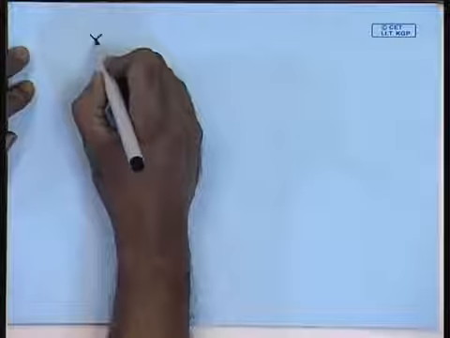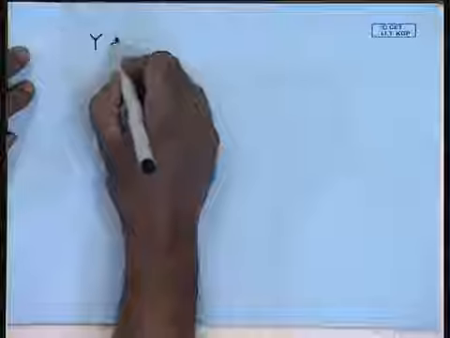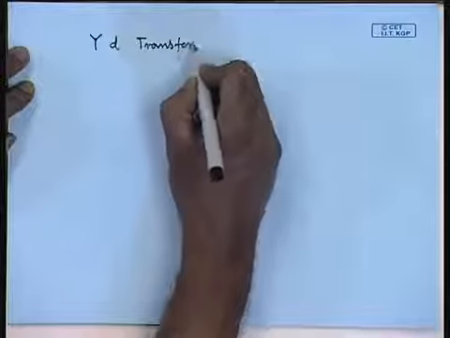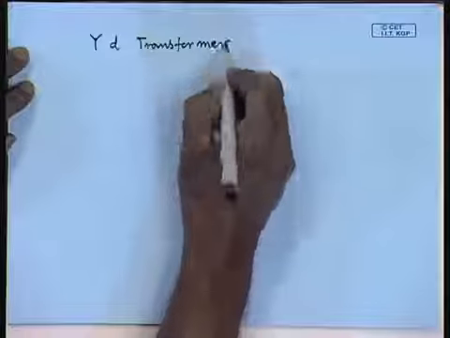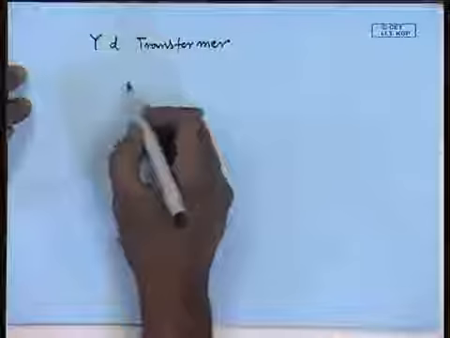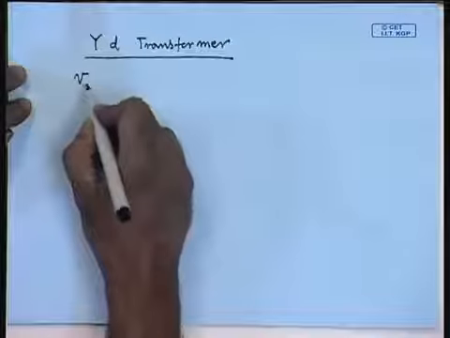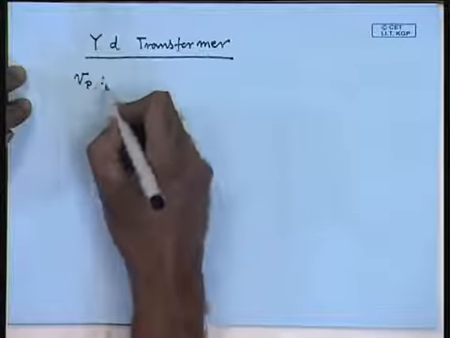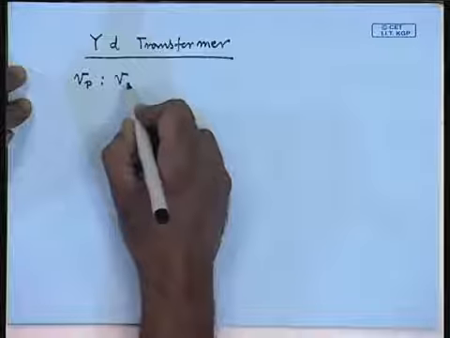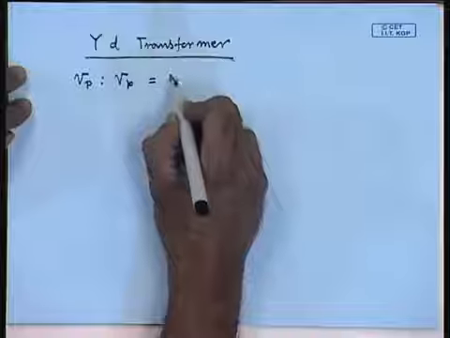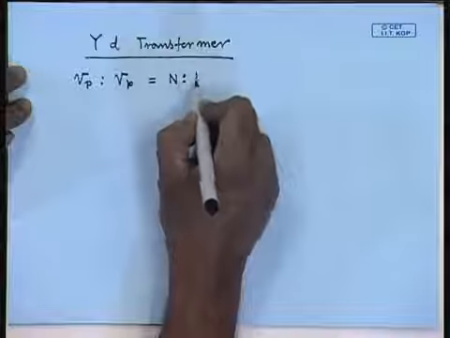the transformation relations for the YD transformer. V phase on the high voltage side is to V phase on the low voltage side, this is same as N is to 1.